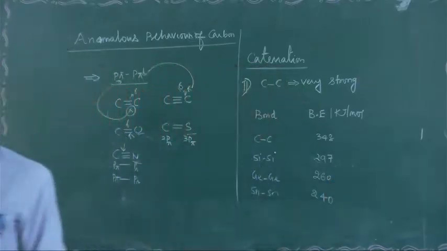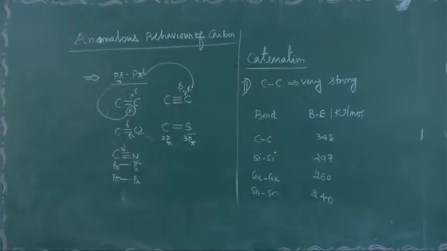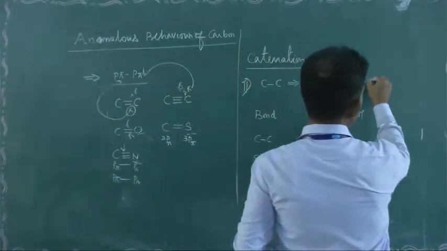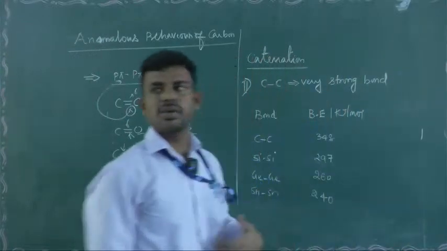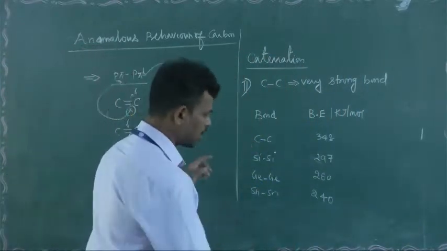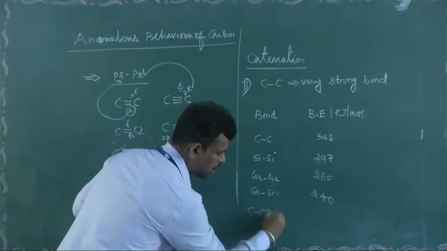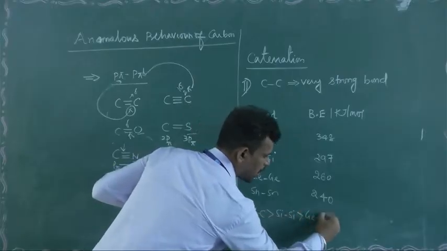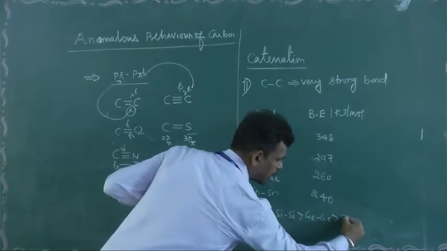Look at the bond energy: the carbon-carbon bond is obviously very strong, followed by silicon, then germanium and tin.